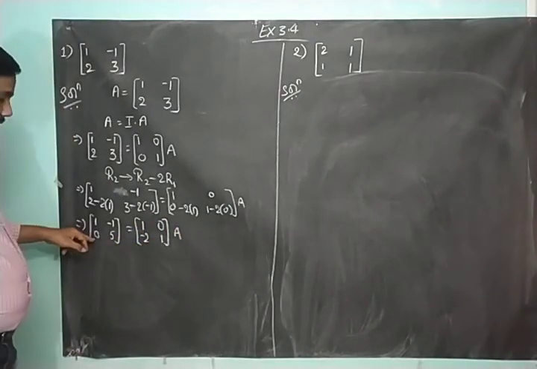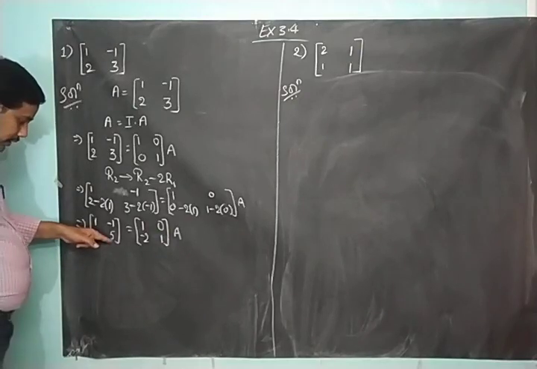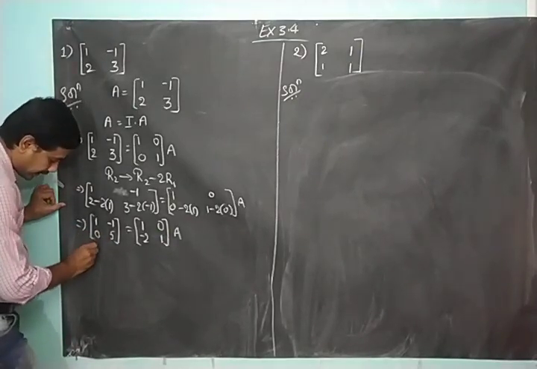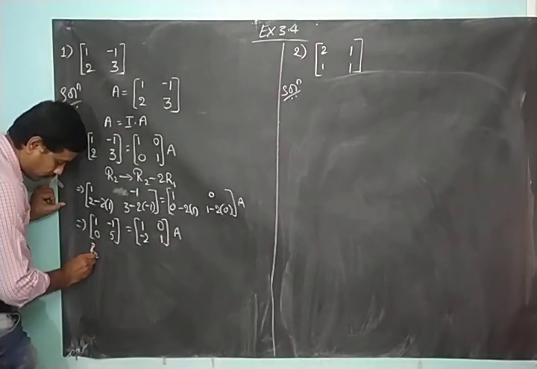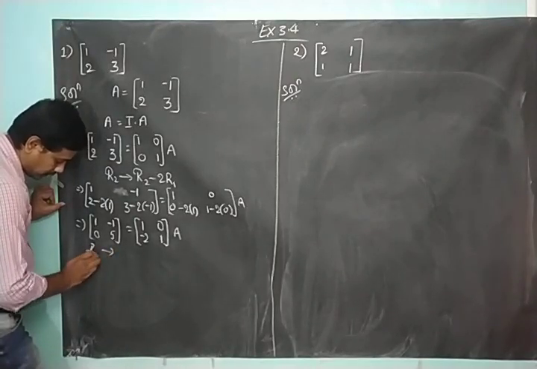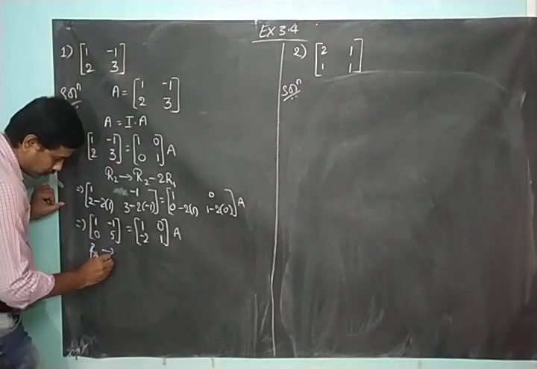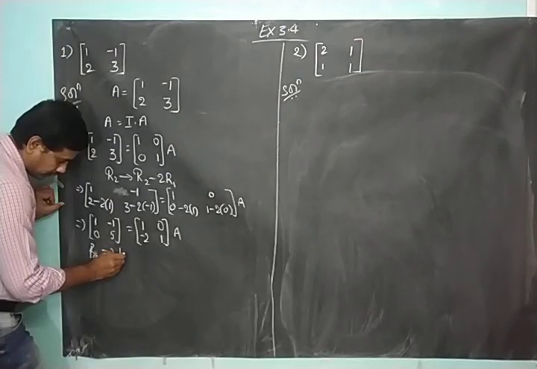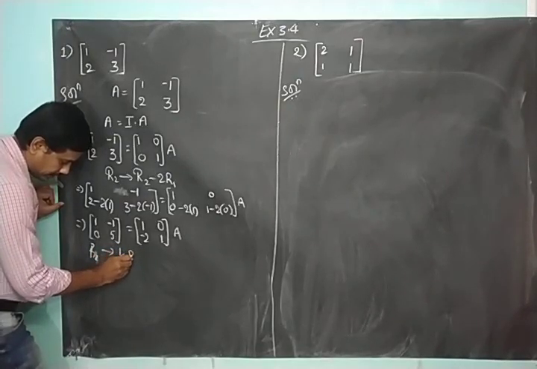So we have converted this into 0. Now we need to convert this 5 into 1. So I can write R2 changes to 1 by 5 R2.